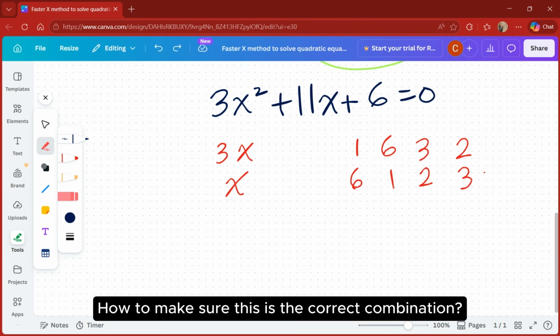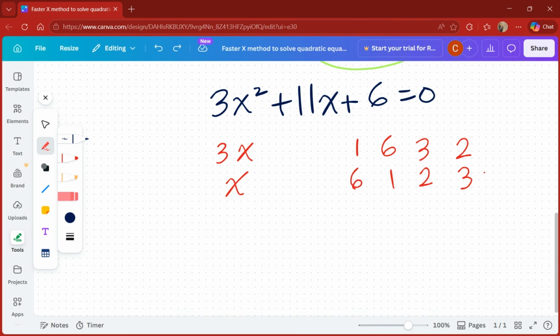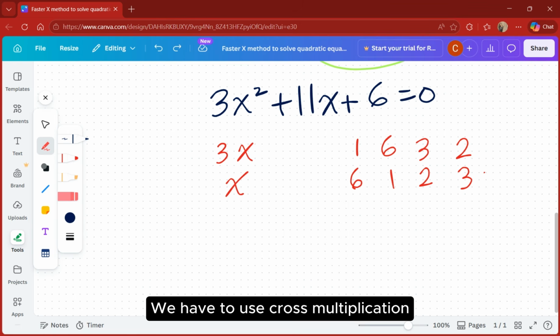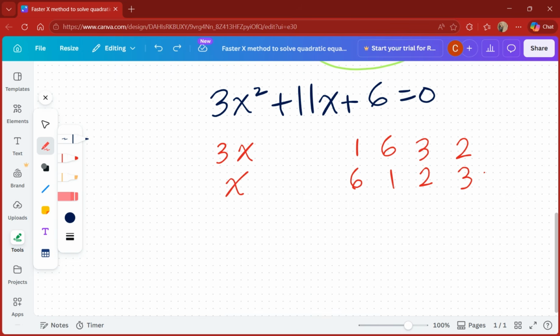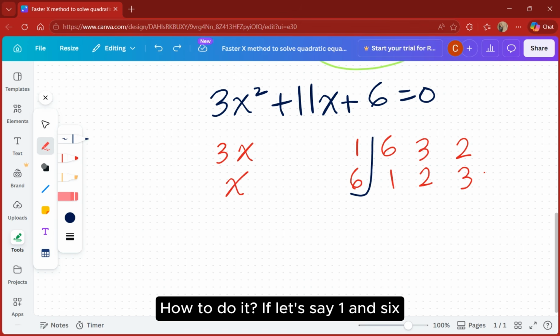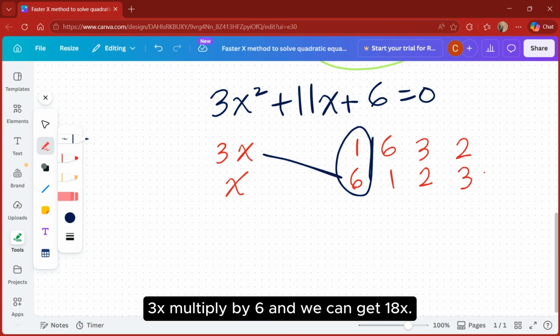How to make sure this is the correct combination? We have to use cross multiplication. How to do it? Say 1 and 6. 3x multiplied by 6, we get 18x.